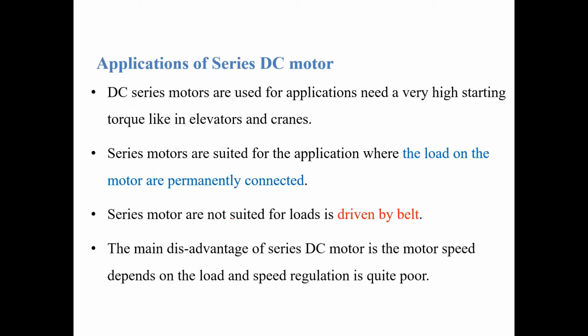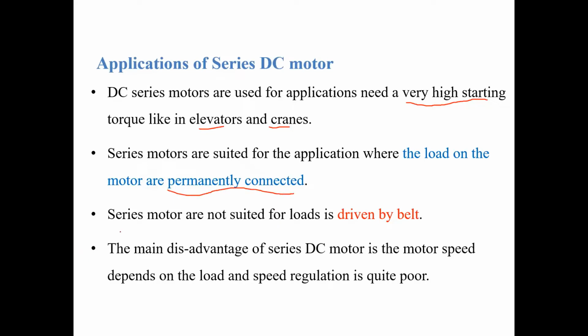So when it comes to the application of series DC motors, they are used for applications requiring very high starting torque, like elevators and cranes. And series motors are suitable also for applications where the load on the motor is permanently connected.